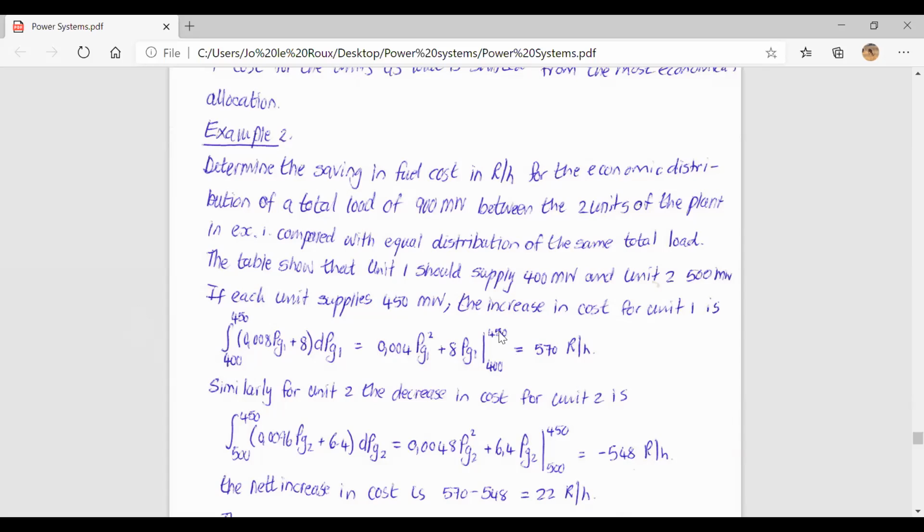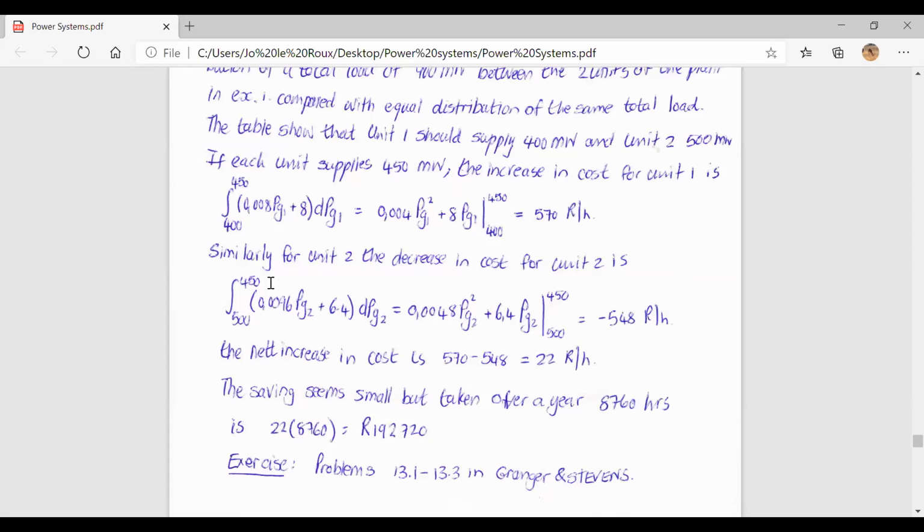Then we substitute the values, and it comes to 570 Rand per hour. For unit 2, because now it supplied 500 and now it's going to supply 450, that means it's minus 548 Rand per hour. So the net increase in cost is 570 minus 548, and that gives you 22 Rand per hour.